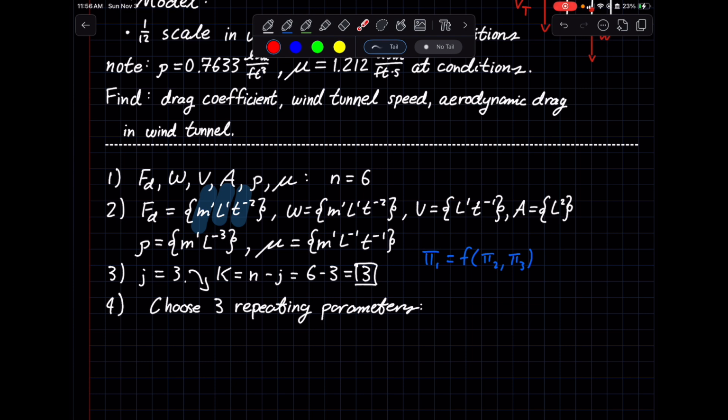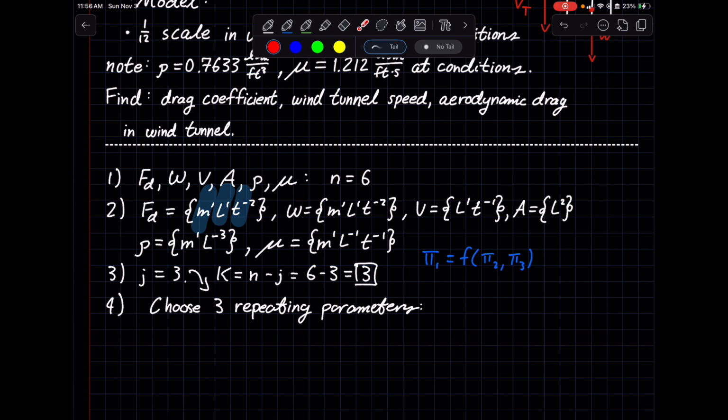So for our repeating parameters, the general idea is that we have to make sure that, number one, two repeating parameters are not the exact same. So our drag force and our weight should not be together. Weight can be on there and force can be not on there, but if they're exactly the same, then that's just not great.